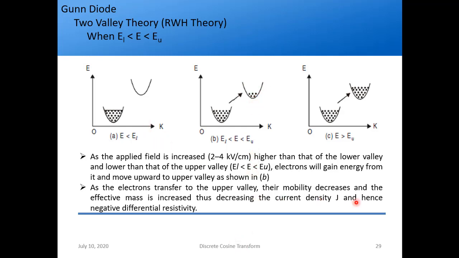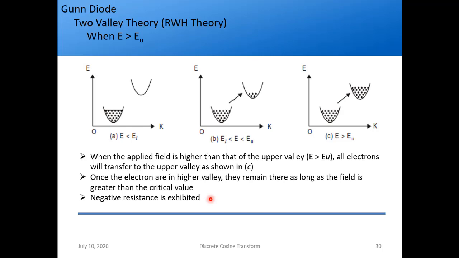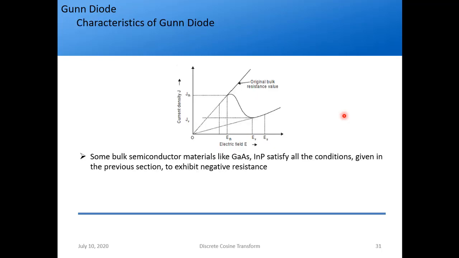Because of this decreasing current density, we get a negative differential resistivity. What will happen if you further increase the voltage above this? Further the velocity is reduced, so further current density is reduced, so you get a complete negative resistance region. This is the important region. This is the negative resistance region which we are talking about.